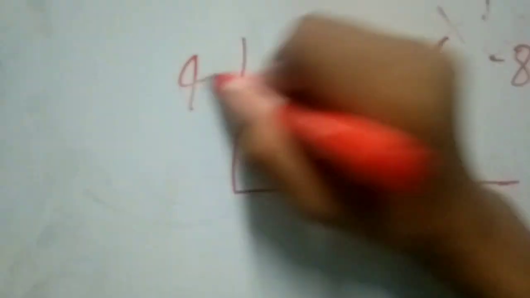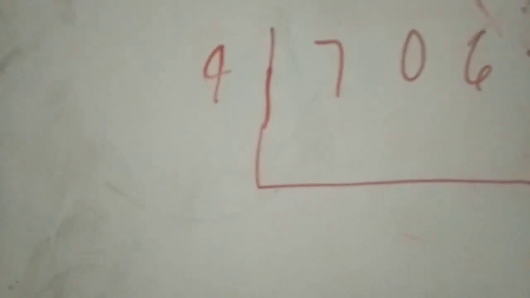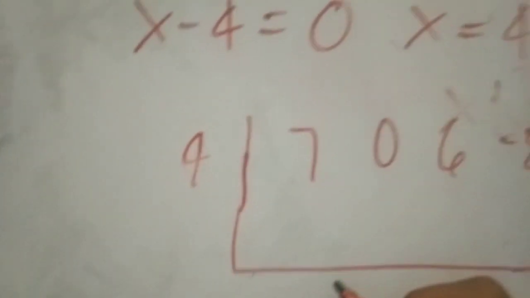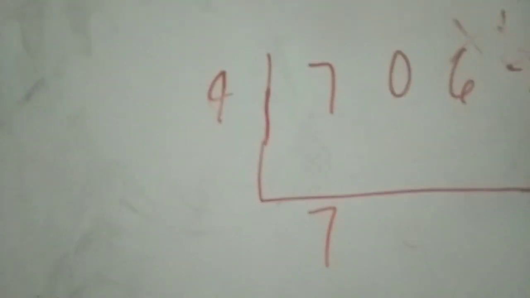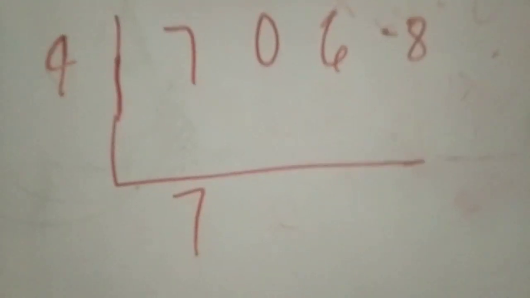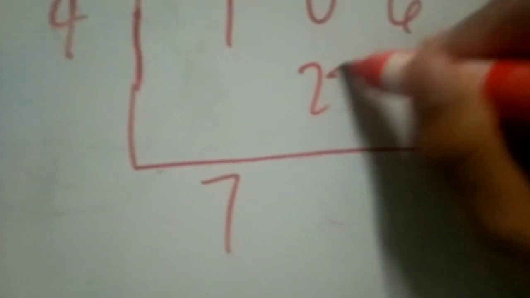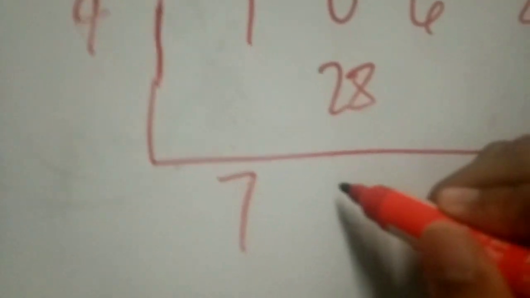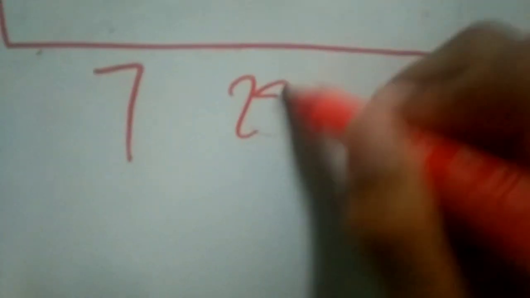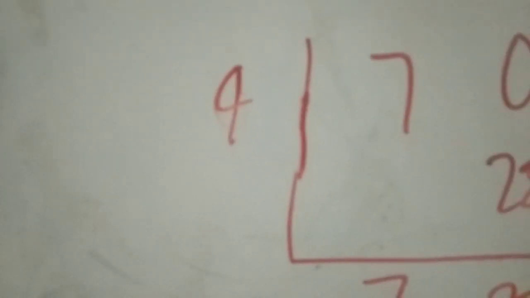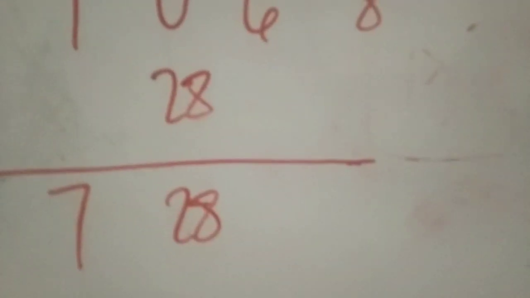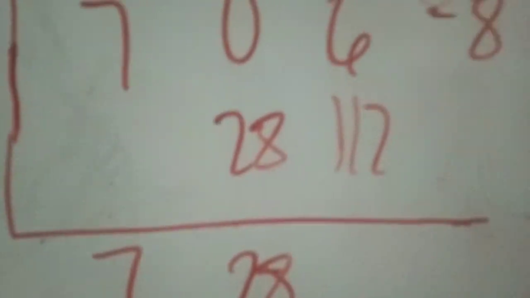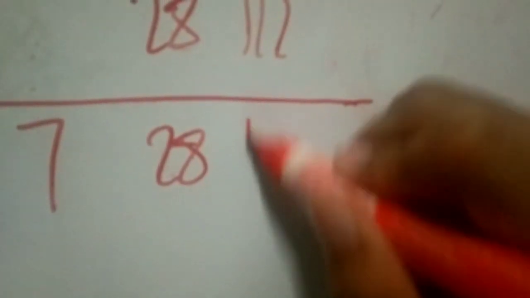So 4 is our factor. Now we bring down 7. 4 times 7 is equal to 28. 28 plus 0 is just 28. Now 4 times 28 is 112. 112 plus 6 is equal to 118.